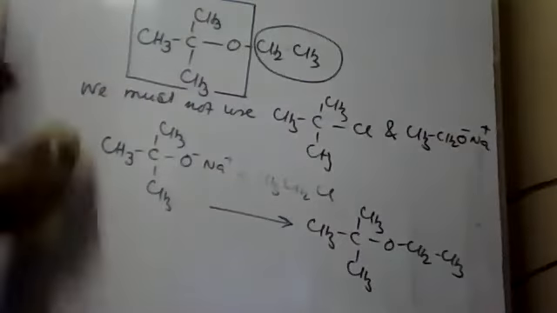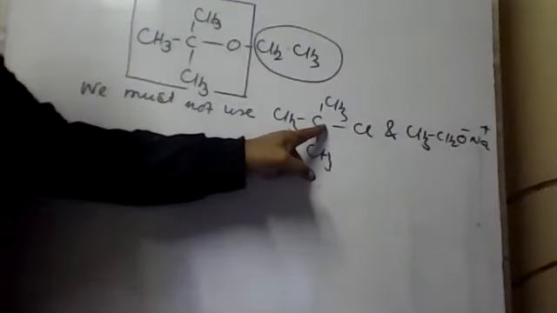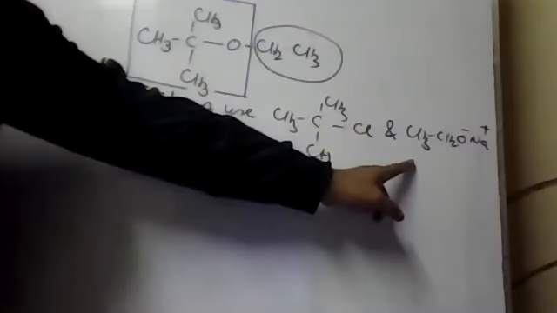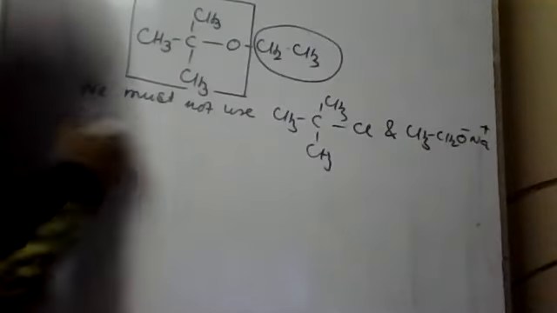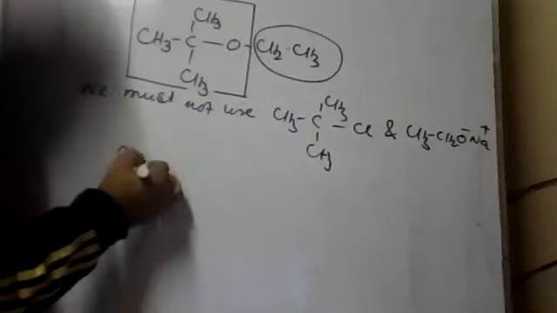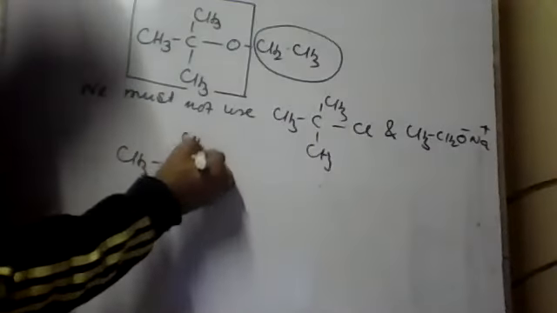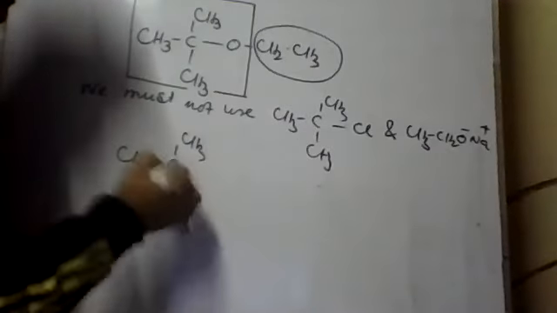We must not use it, because in this case the major product will be alkene, because this carbocation is very stable and it will behave as alcoholic sodium or potassium hydroxide. So here the major product will be alkene.